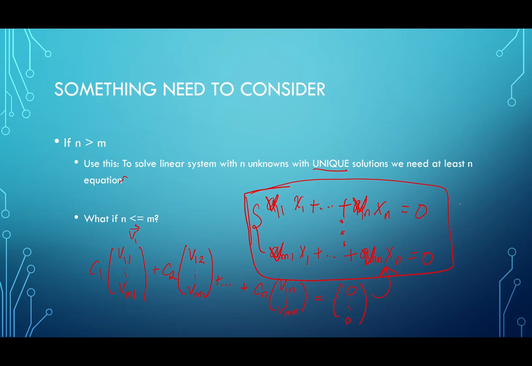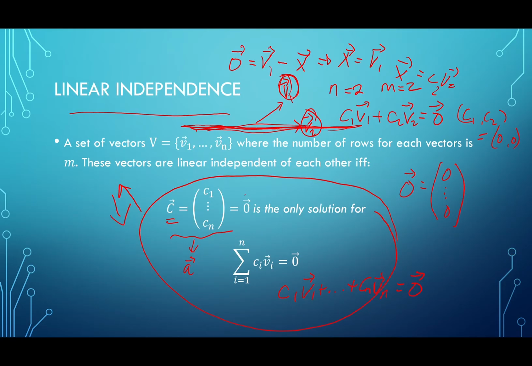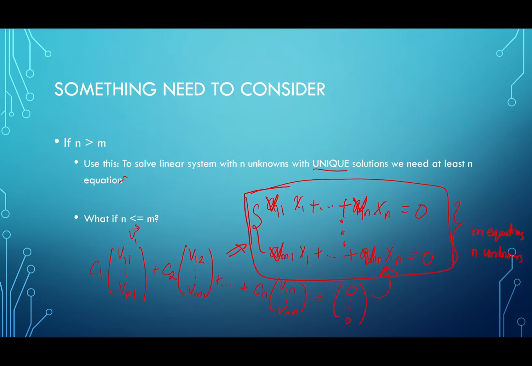So how many equations do we have here? There are m equations, right? And how many unknowns? There are n unknowns. So what does this tell you? This tells you that if we want to get the unique solution, and linear independence also requires us to get c equals 0 as the only solution, right?